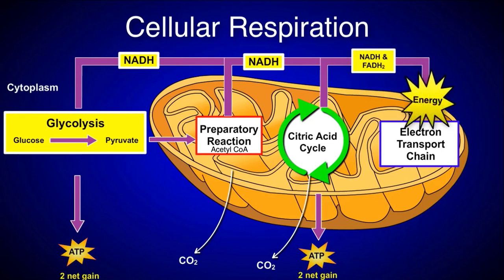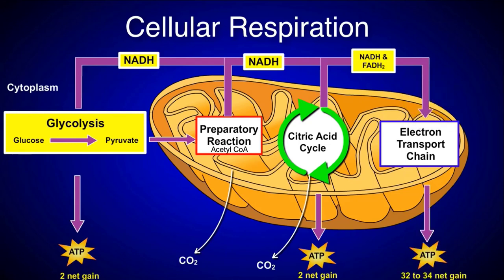Energy is released and captured as the electrons move from a higher energy to a lower energy state using a series of proteins embedded in the membranes of the mitochondrion. Later, this energy will be used for the production of ATP, typically 32 to 34 per initial glucose.